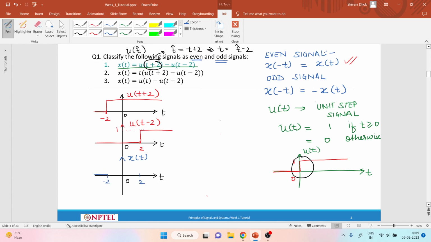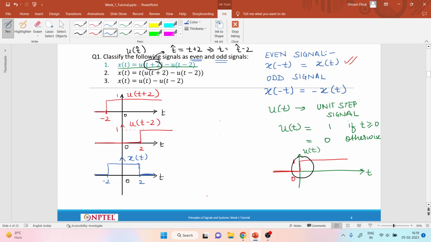Till minus 2 it will be 0. Then you can see here, if you subtract this part from this part till this 2, we will get a value of 1. So till 2 we'll get a value 1, and after that we have one amplitude for both the signals, which will cancel out. So again we will be having it as 0.